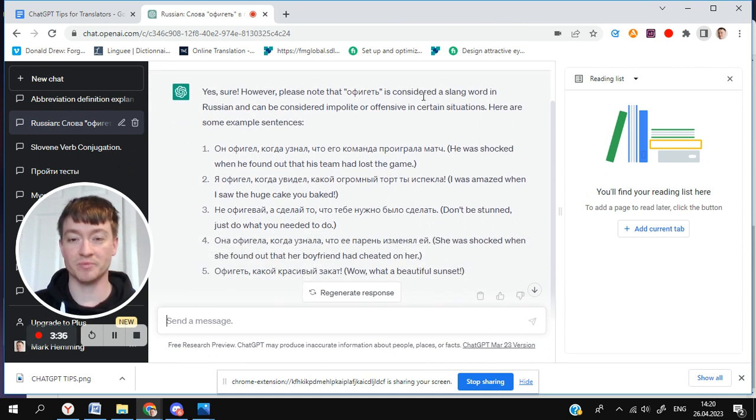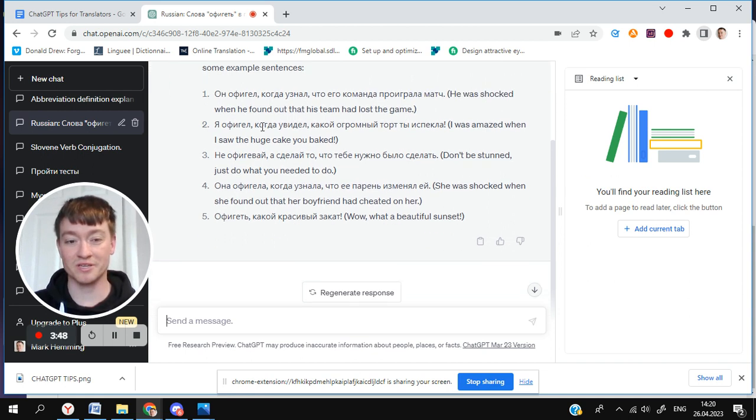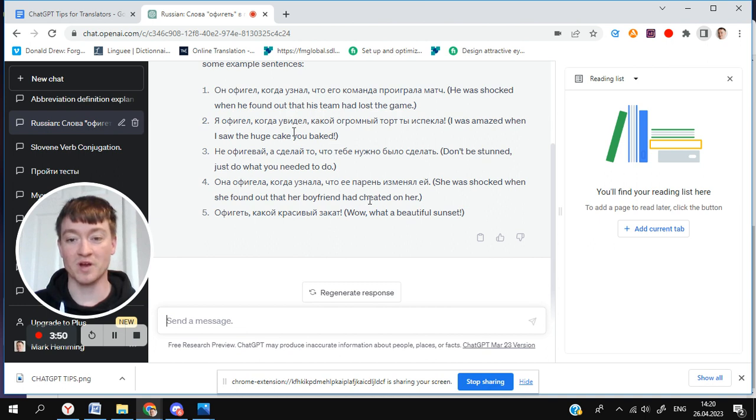And ChatGPT, being very polite and helpful, says yes, but please notice that офигеть is considered a slang word in Russian. It can be considered impolite or offensive. Thank you. A dictionary might not give me that much info. That's nice. So here it's given me 5 different example sentences. That's a really cool thing to do.